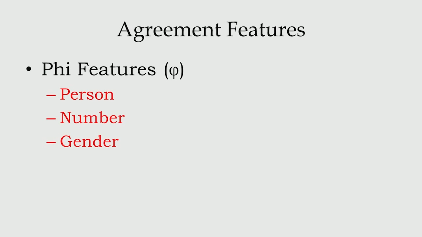And depending upon which features are present, they are going to be taking part in agreement. That is pretty simple. If the person is third person on the subject, then it's going to show in one way or the other third person on the verb as well.